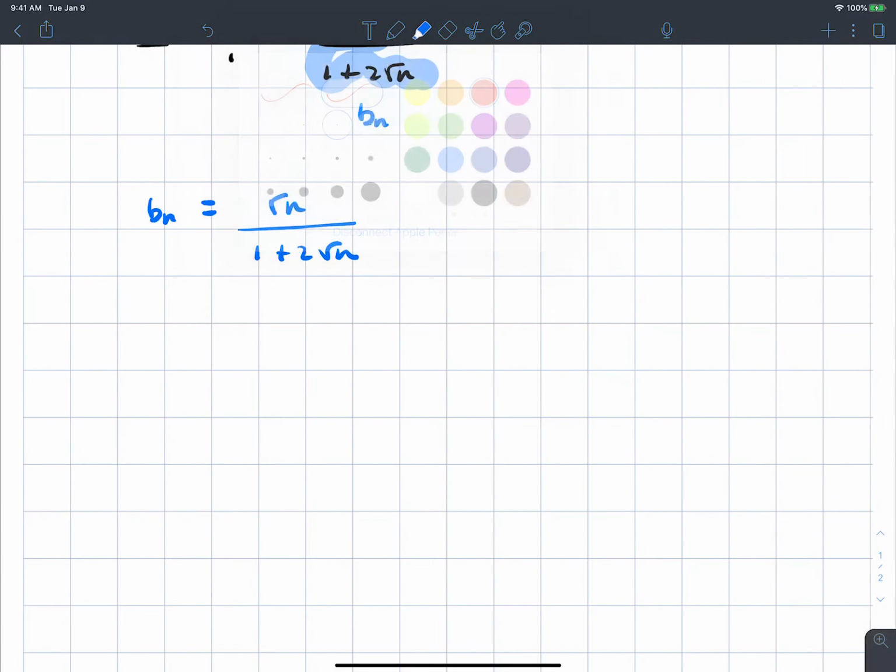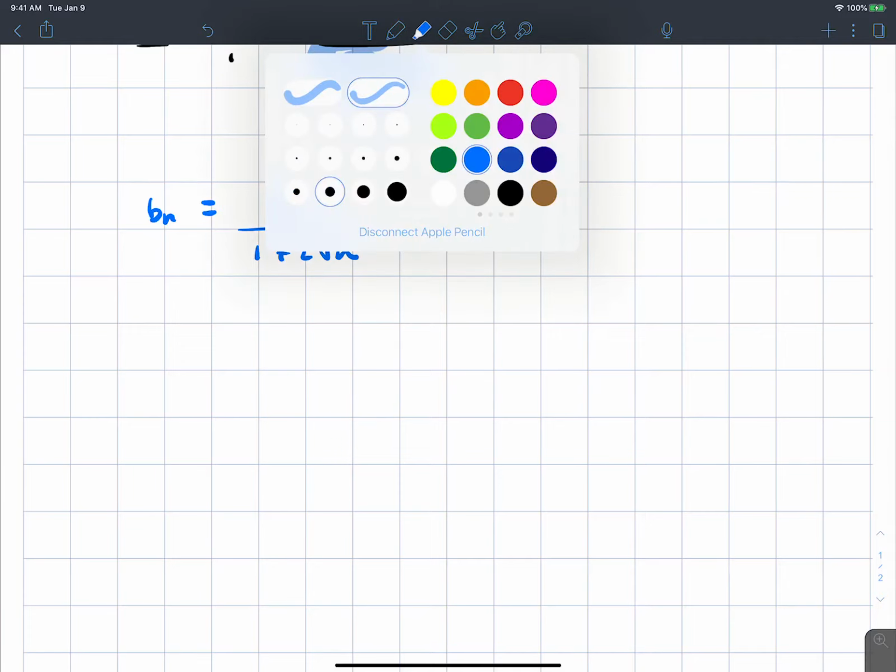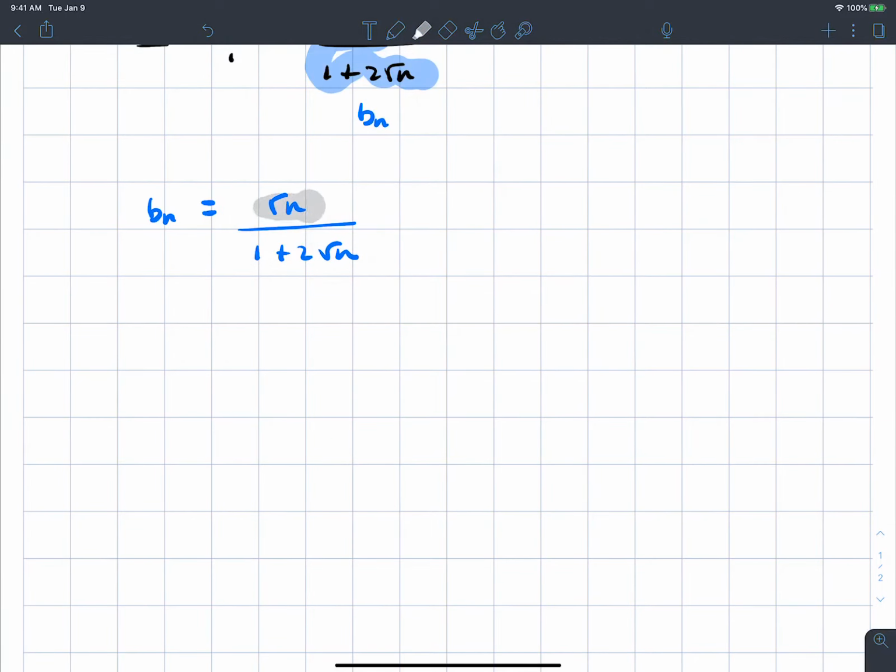Let's change these colors here. My numerator is the term square root of n. Now the denominator in comparison to the numerator, right? I have 1 plus 2 square root of n. So you can notice that the denominator is actually larger, it's bigger. And this is smaller.